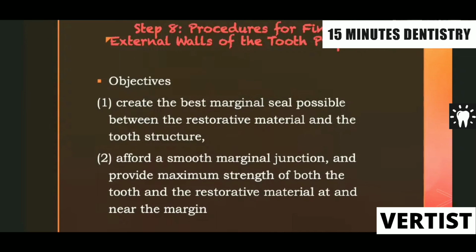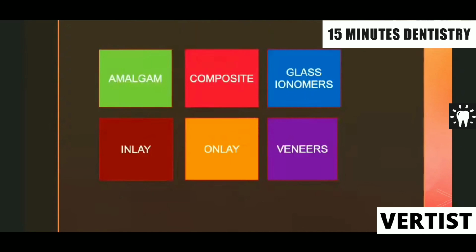Right? So, again, before I finish off this part of the topic, your principles of cavity preparation have to be understood from an amalgam restoration point of view, a composite restoration point of view, a glass ionomer restoration point of view, an inlay and onlay, and a veneer restoration point of view. For an amalgam, there is only mechanical retention.